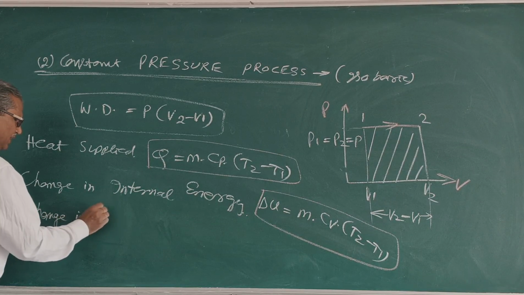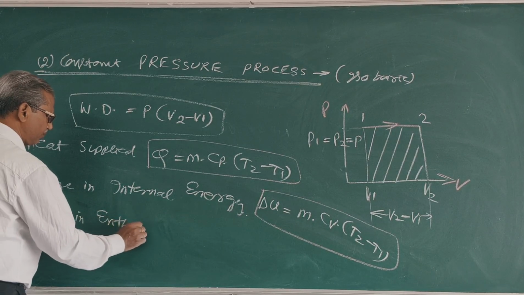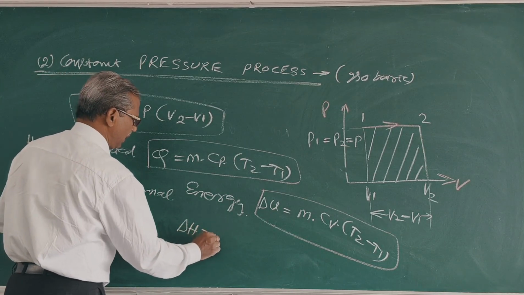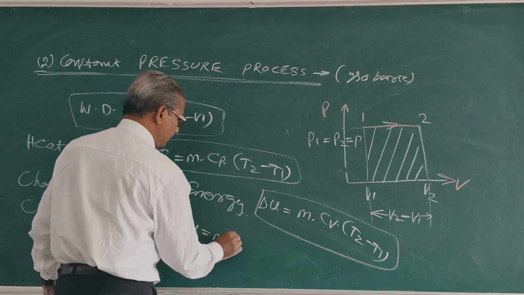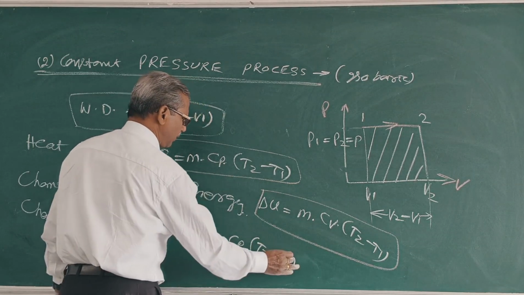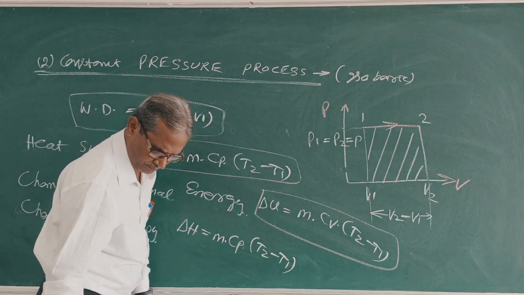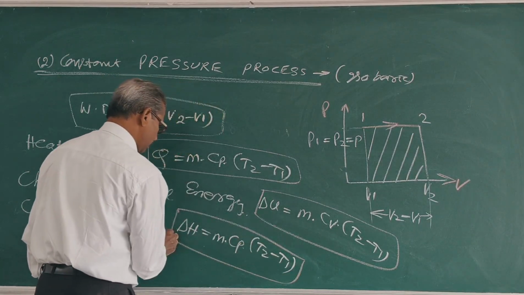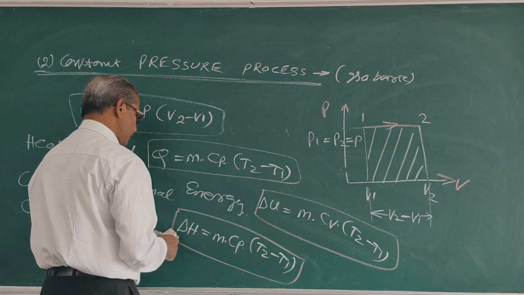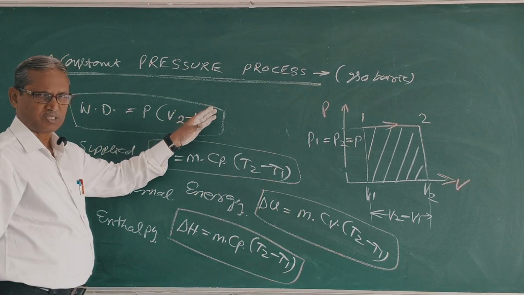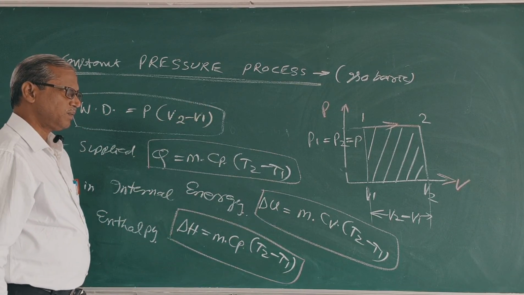Delta H is m Cp (T2 minus T1). Clear? This is delta H. This is about the isobaric process or constant pressure process.